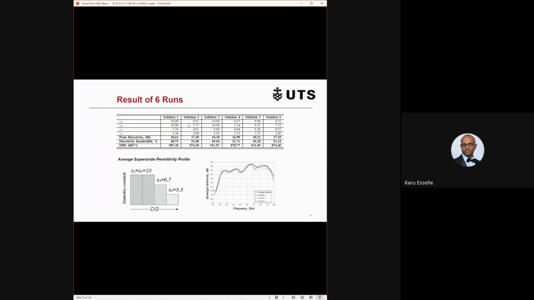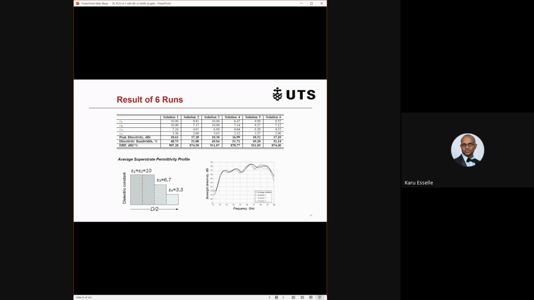So these are the various solutions it gave us, and some of them are very similar in dielectric constant. The first one and second one is 10, the next one 6.7, the next one is 3.3.